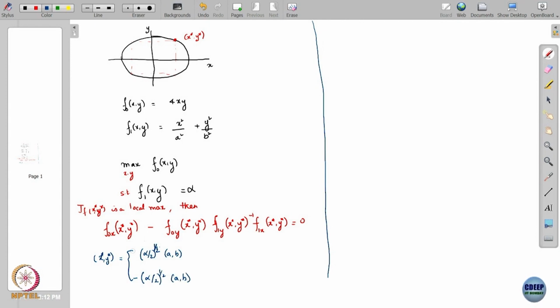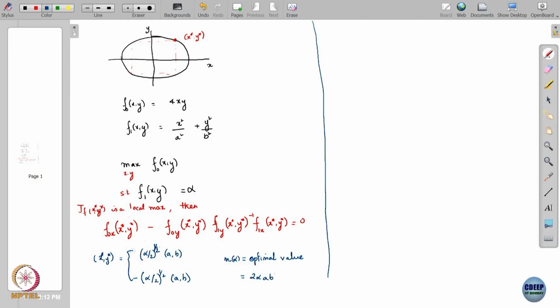And for both of them the area is actually the same. The optimal area, let us call that m of alpha, which is the optimal value, turns out to be equal to 2 alpha a b.